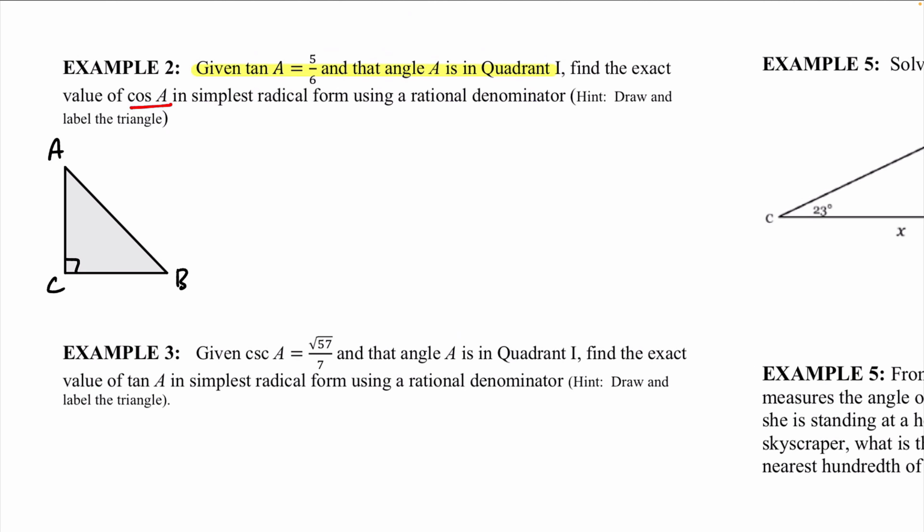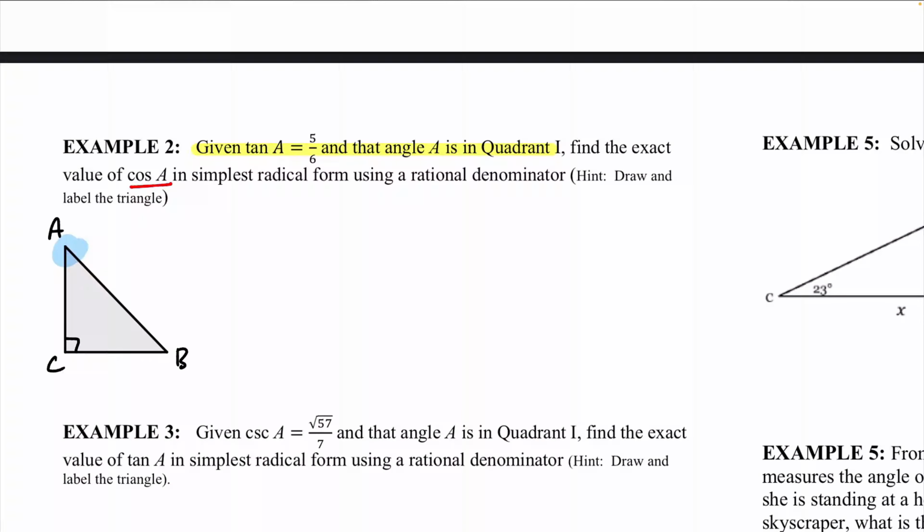Okay? So the given part said, hey, at angle A, tangent is 5 over 6. Well, what's the relationship with tangent again? Opposite over adjacent, yeah. Is 5 over 6.